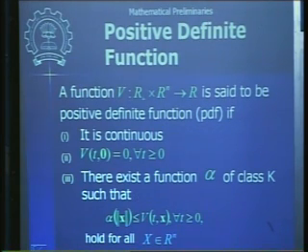Now we have a similar definition: a function v taking values in the positive real line and in this Rn vector space to R is a scalar valued function. In other words, v is a scalar valued function of a scalar and a vector.